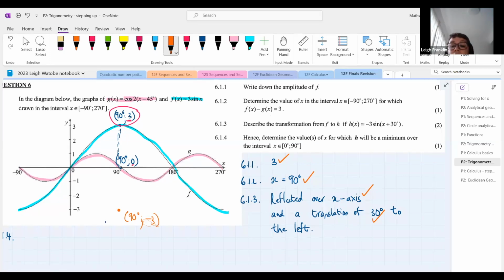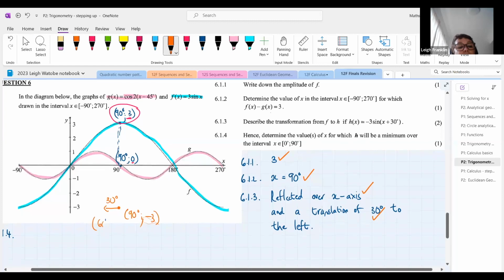Except we said that the graph was translated 30 degrees to the left-hand side. So now it's got to move 30 degrees in that direction. So what are the coordinates at the minimum going to be now? It's going to be 60 and -3.